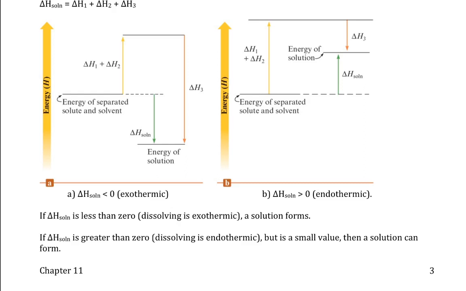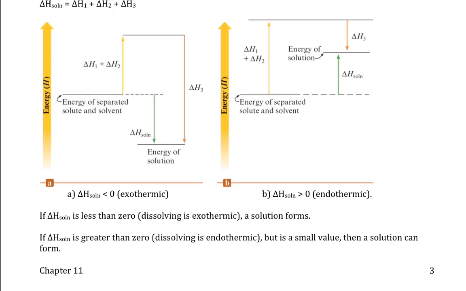If, on the other hand, we have delta H1 plus delta H2, so energy climbing upward, but then we only have a small delta H3, so now we're looking at the second energy diagram, and that delta H3 downward arrow is smaller than the yellow upward arrow, then we have a delta H of the solution that's endothermic, something greater than 0.